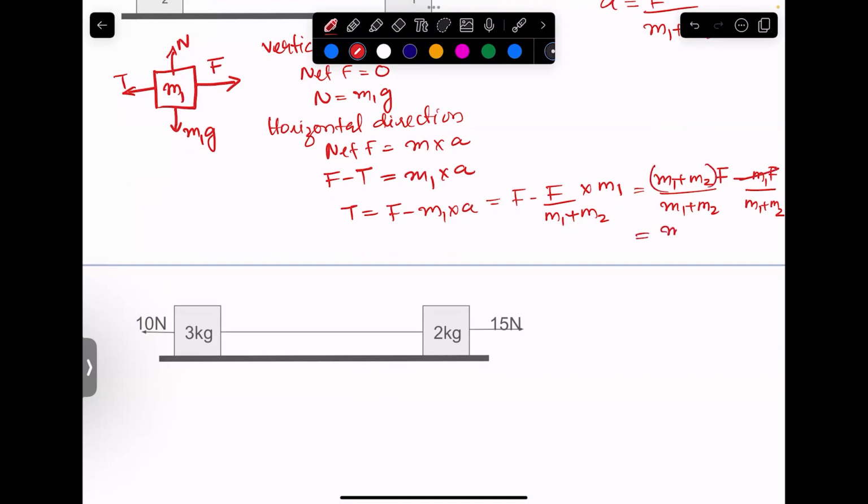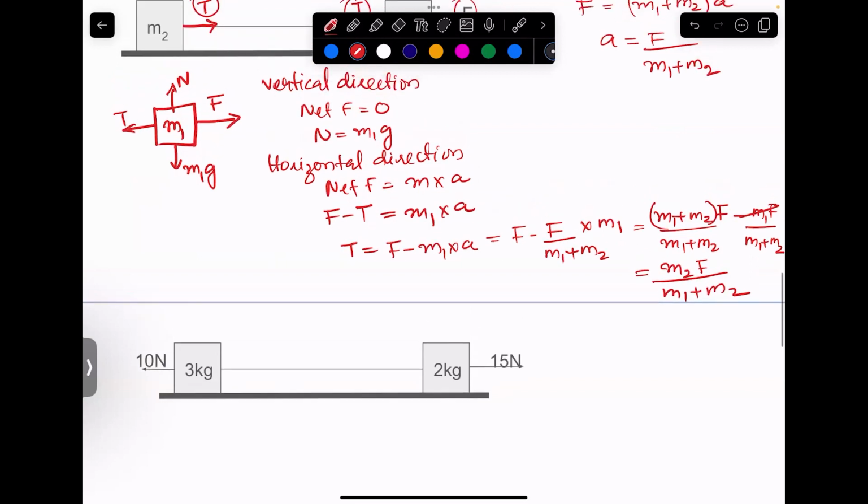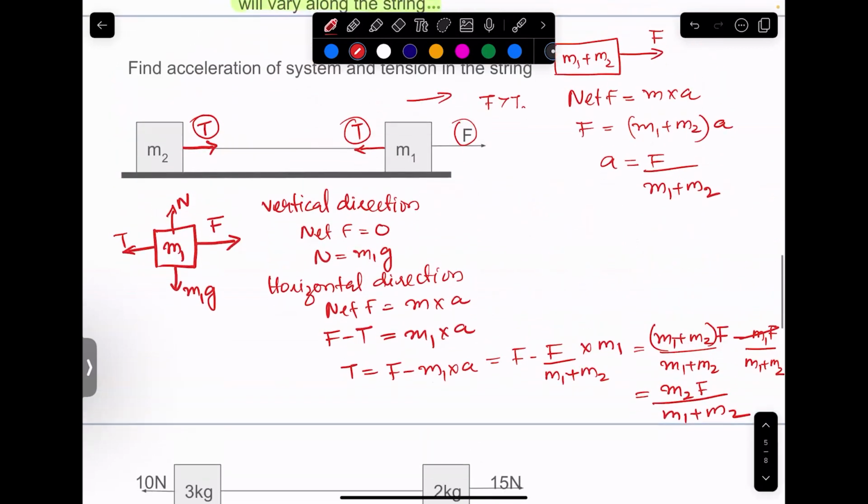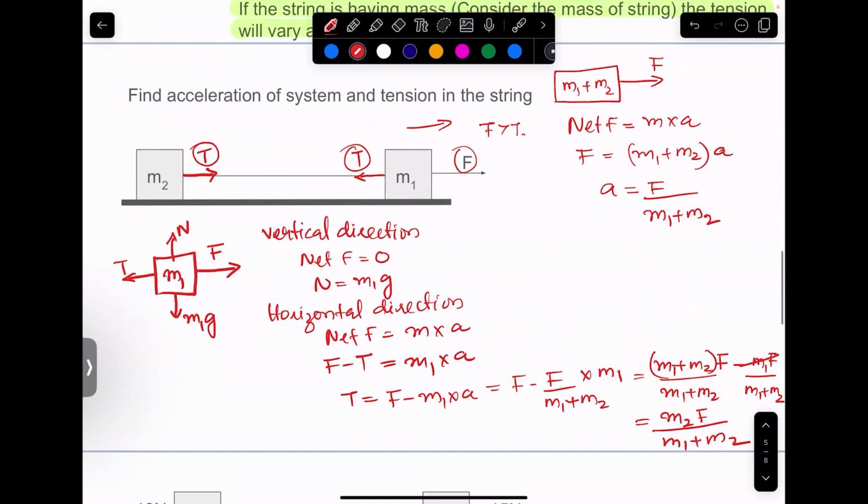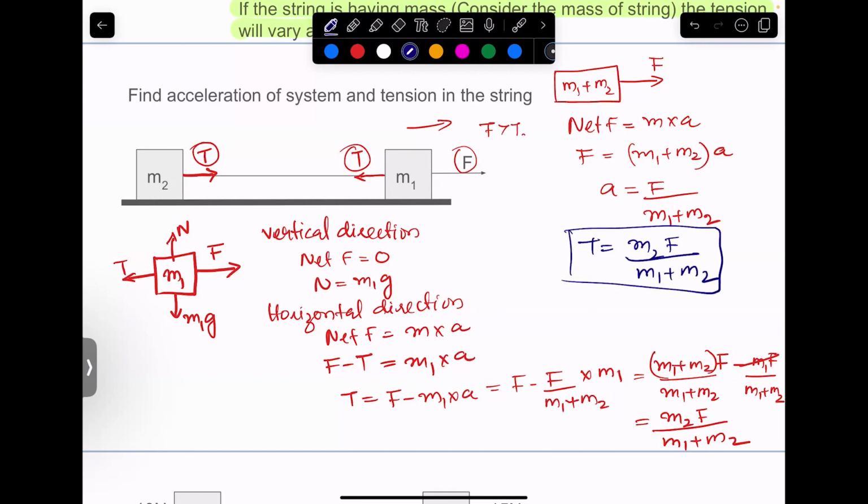So that will give you M2F by M1 plus M2. So you got the tension force in the string, right? So what is the tension force here? T equals M2F by M1 plus M2, and A equals this. Okay.